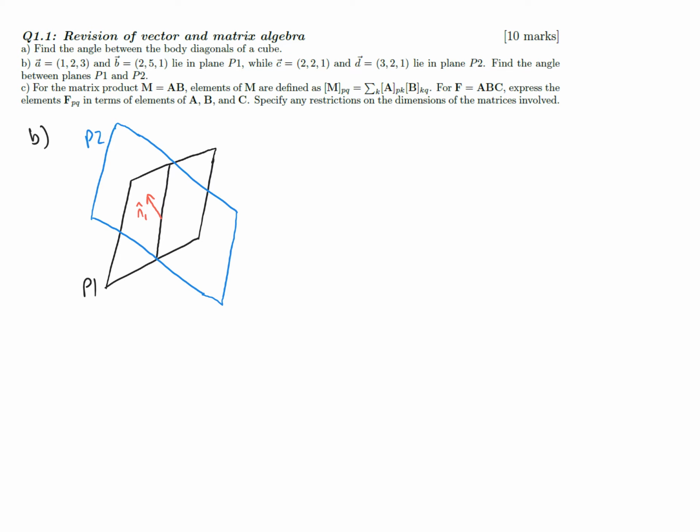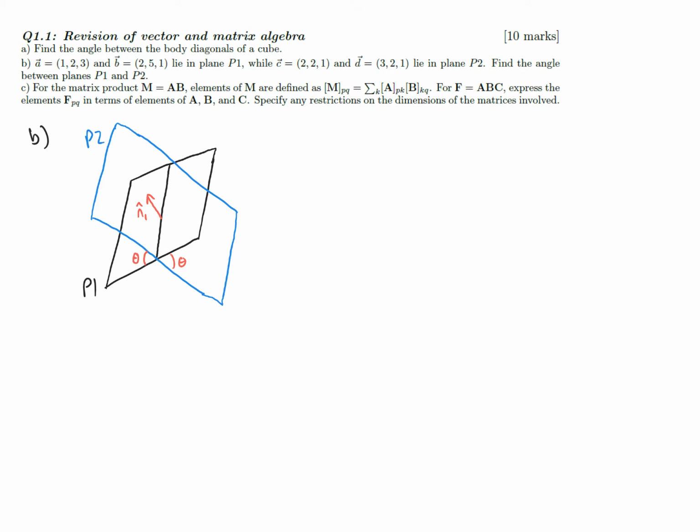Good. What about plane number 2? Here we are. Plane number 2 is not parallel to plane number 1, therefore it must intersect plane number 1. And you can see that there's some angle between the planes here, which I'll call theta. So this angle here that's between the two planes is called theta. Equivalently, that's the same angle theta.